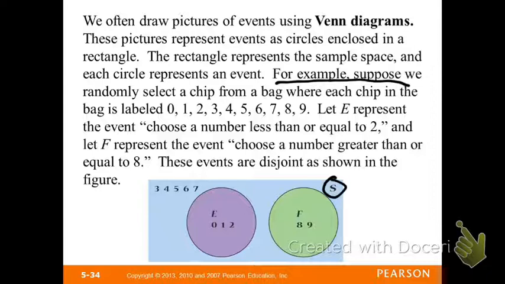Let E represent the event that we choose a number less than or equal to 2, and let F represent the event that we choose a number greater than or equal to 8. So that's F and E as shown below. The events are disjoint because E and F have no events in common.